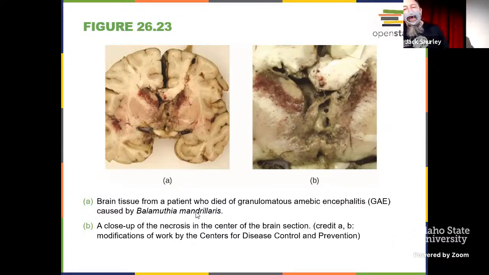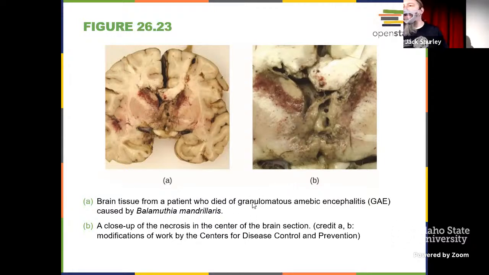Balamuthia, this is also more of an opportunistic parasite, something that if you've got a competent immune system, it probably does nothing to you at all. But if you're compromised, the likelihood of it getting in and causing serious, likely fatal infection is tremendous. So obviously this person died.